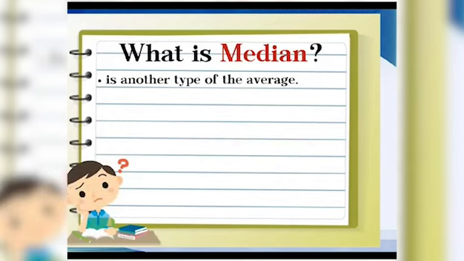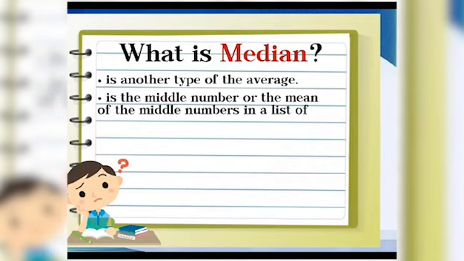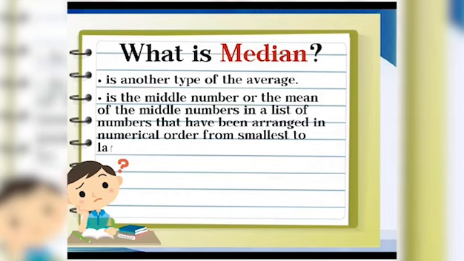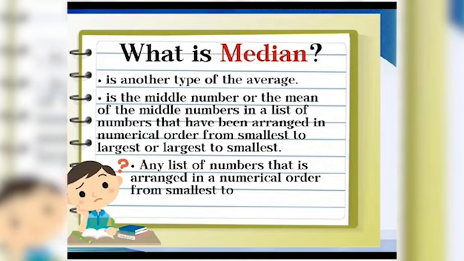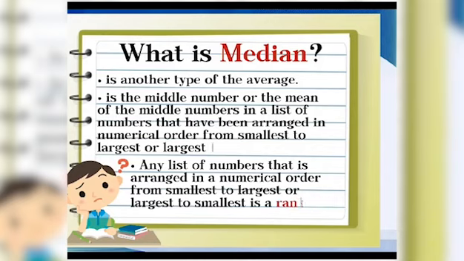Essentially, the median is the middle number, or the mean of the middle numbers, in a list of numbers that have been arranged in numerical order from smallest to largest or largest to smallest. Any list of numbers that is arranged in numerical order from smallest to largest or largest to smallest is a ranked list.